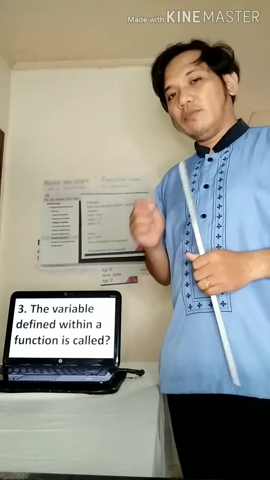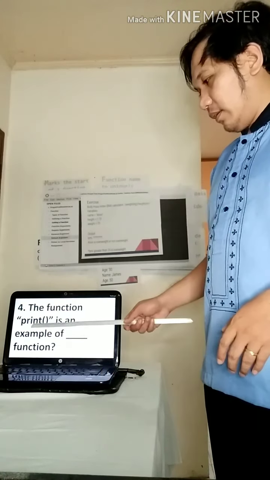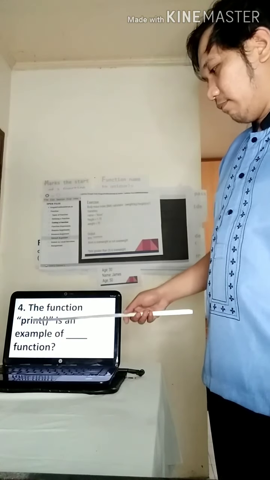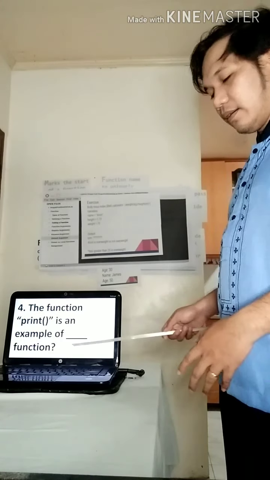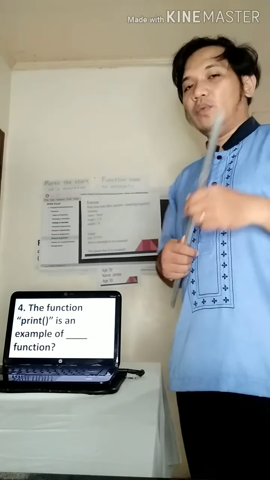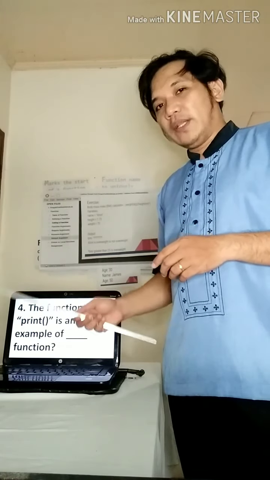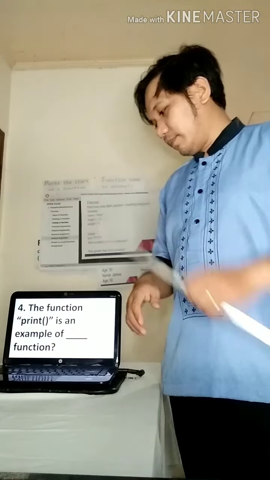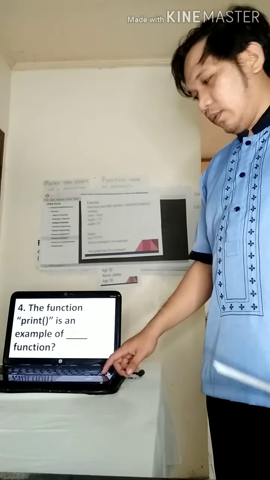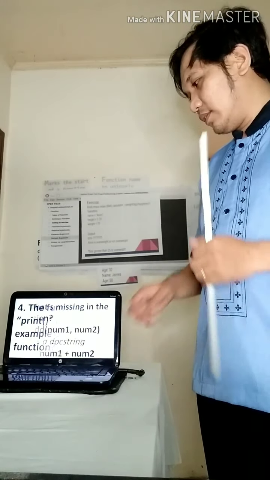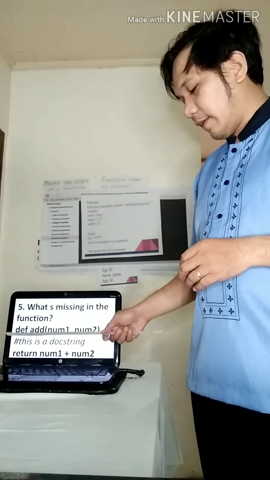Okay, let's move on to our fourth question. A function print is an example of a blank function. You only have two types of function, right? So print is what type of function? For our last question, what is missing in the function?